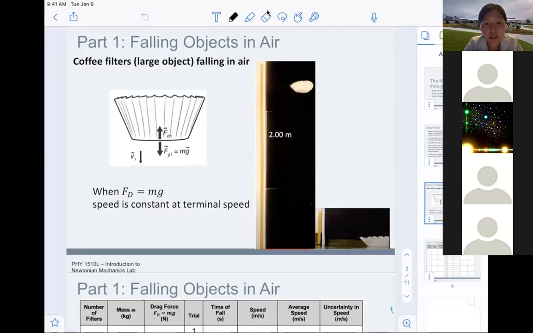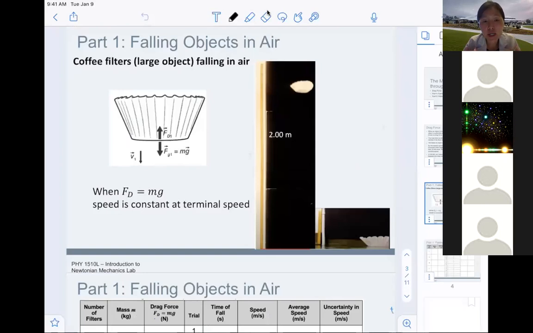The trick is that we want to measure only when it reaches terminal velocity. So what is terminal velocity? When you drop something, first of all it accelerates because of gravity. But as the velocity increases, the air drag also increases, because the drag force is proportional to the velocity.